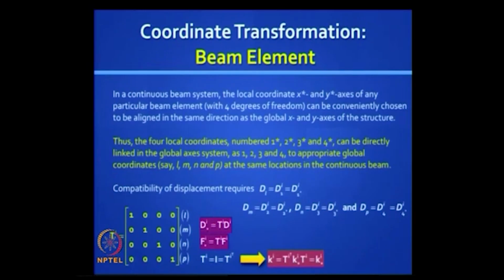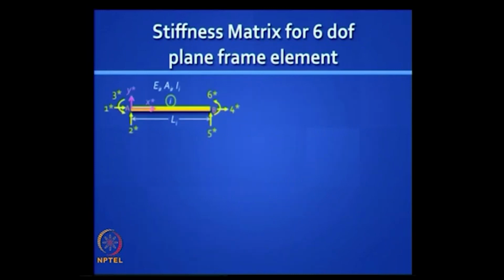We also looked at the transformation matrix for a beam element. We found that the T I matrix is an identity matrix because conveniently the local axis can be made to align with the global axis, so x is x star, which you can't do in a frame. In a frame the element can be oriented in any direction.